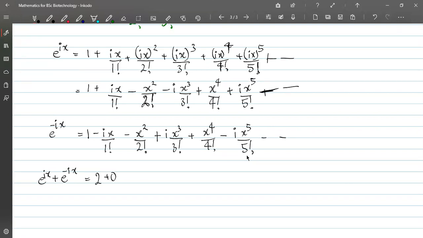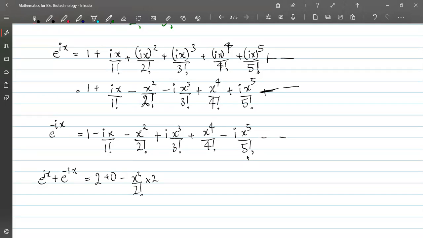Here you have minus x square by 2 factorial, again minus x square by 2 factorial. So minus 2, I'll not cancel the 2 in the denominator, I'll keep it as it is. Minus of x square by 2 factorial times 2 because both of these.